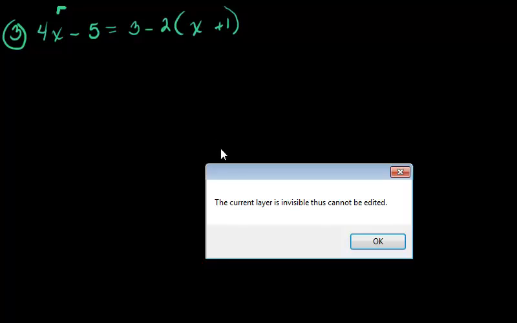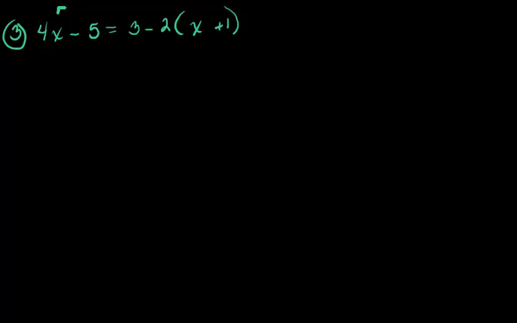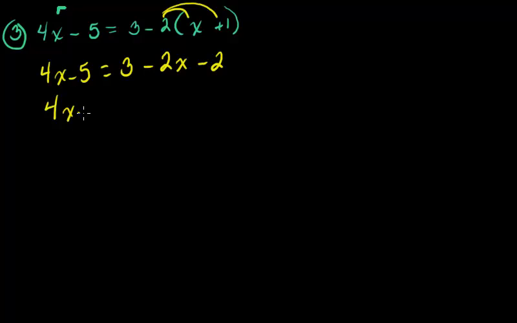So this first side, we're just going to say 4x minus 5, and this is using our distributive property: negative 2 times x and negative 2 times 1. And then we carry this down. Nothing we can do yet. 3 minus 2 is 1, so we get 1 minus 2x.